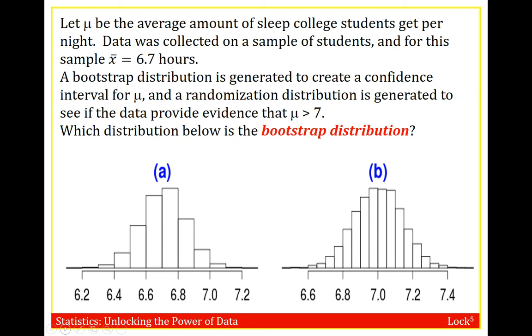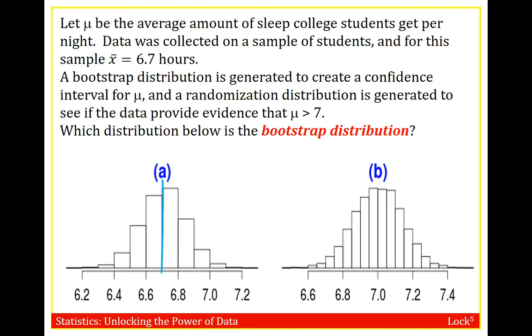Two values here. It says let mu be the average amount of sleep that a student gets, and it gives us a sample of 6.7. And then it gives us a bootstrap distribution, and it says we're supposed to pick between these two things. All right, well, we're going to go to these two things, and we're going to look. First of all, I'm going to find the middle.